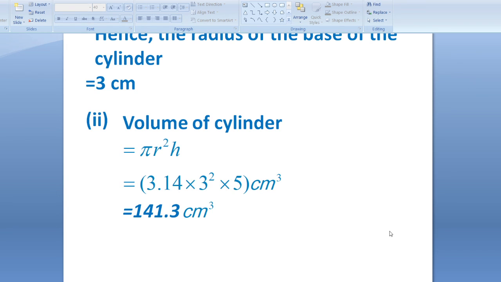So volume of cylinder is equal to pi r square h is equal to 3.14 into r. We have found out r is equal to 3 centimeters. So 3 square into 5, so is equal to 141.3 centimeter cube is the volume of cylinder.